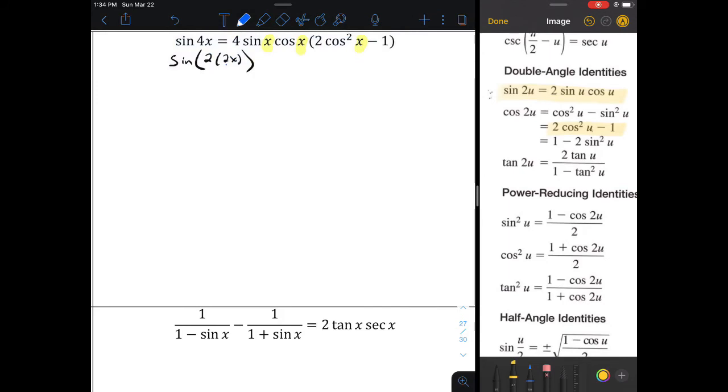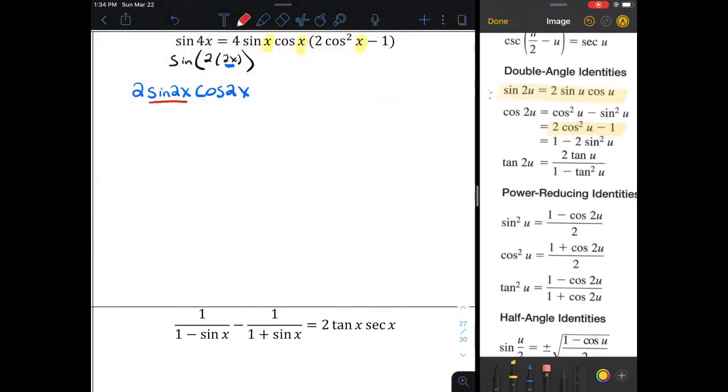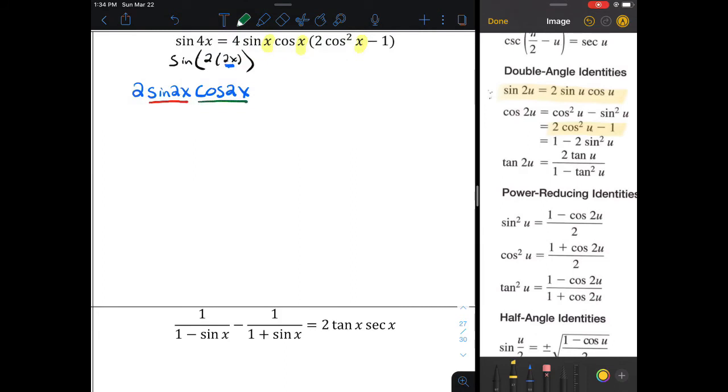Now remember, we're doubling the angle 2x, so it becomes 2 sine of 2x times cosine of 2x. And then I have to continue to break this up. I want to break up the sine of 2x and the cosine of 2x at the same time.